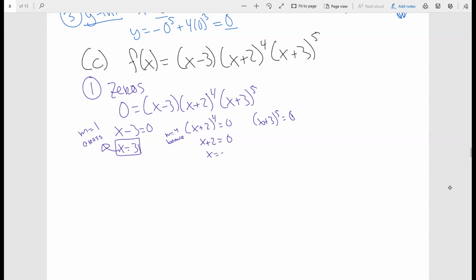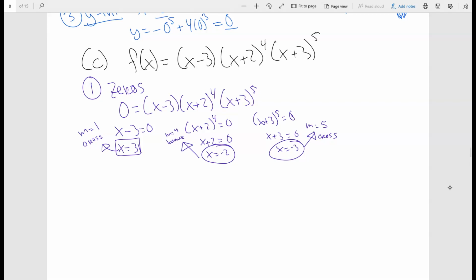So x equals -2, this guy is going to bounce. Here, take the 5th root, nothing's going to happen. x equals -3. Because this was an odd multiplicity, this guy is going to cross. So this one you didn't need to factor. Everything was factored already.